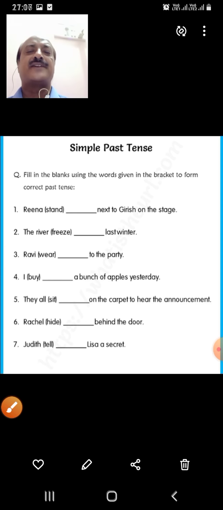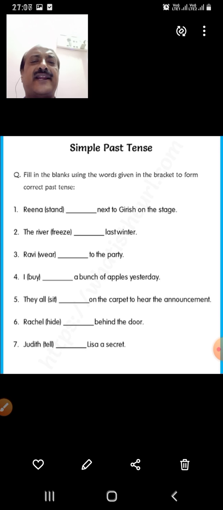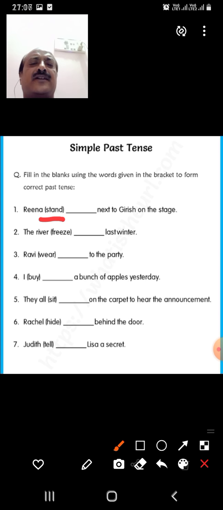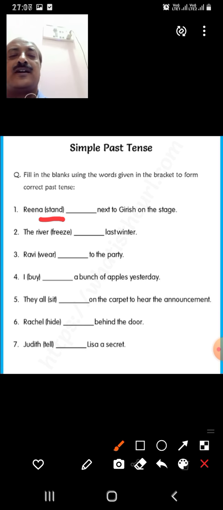Now let us see some exercise. Fill in the blanks using the words given in the bracket to form correct past tense. Now here in the bracket it is given Reena and then stand next to Girish on the stage. Now stand is the present tense. So what will be the past tense of stand? Stood.